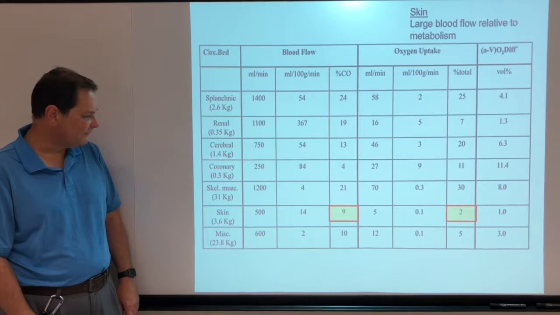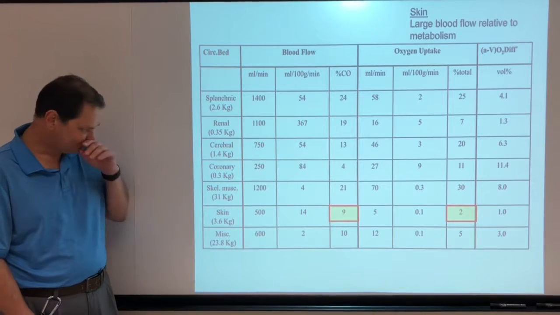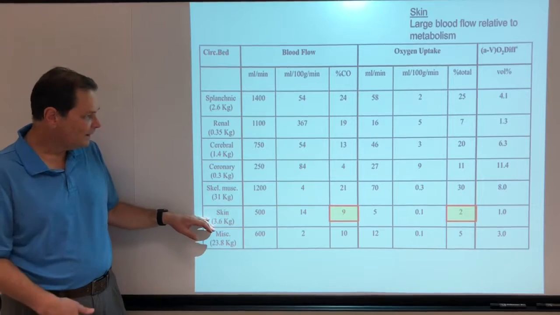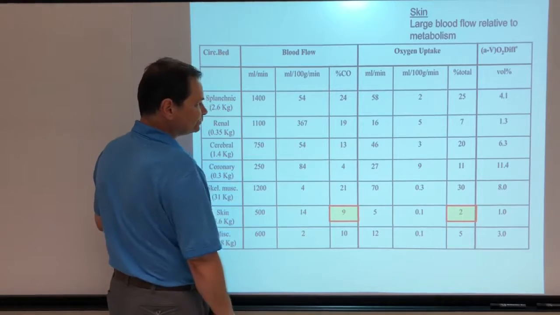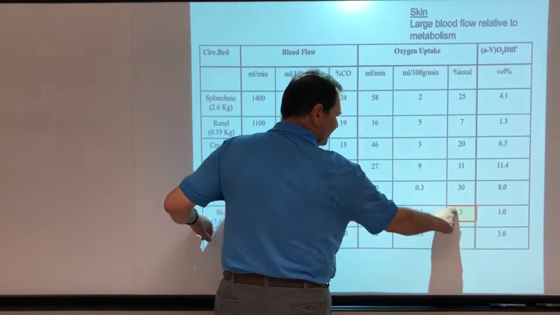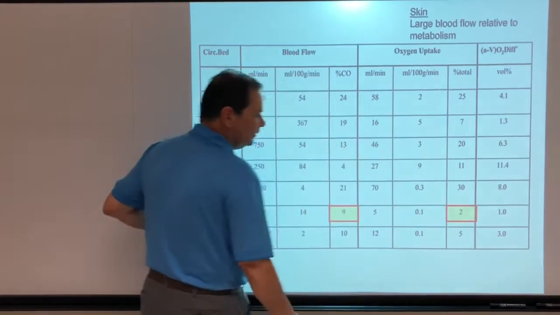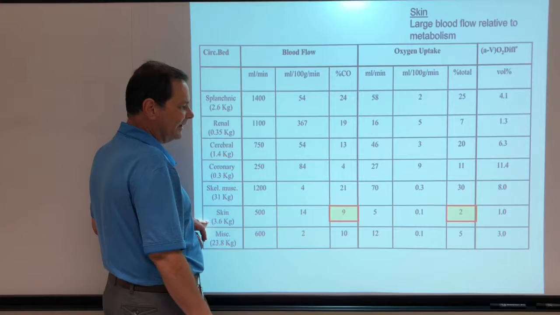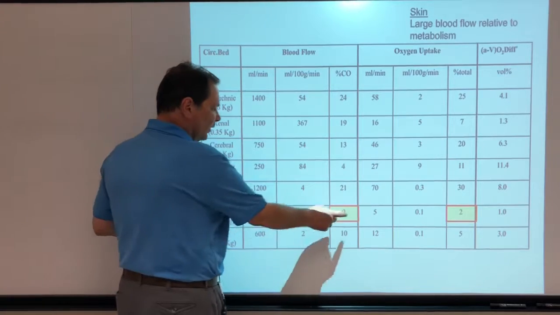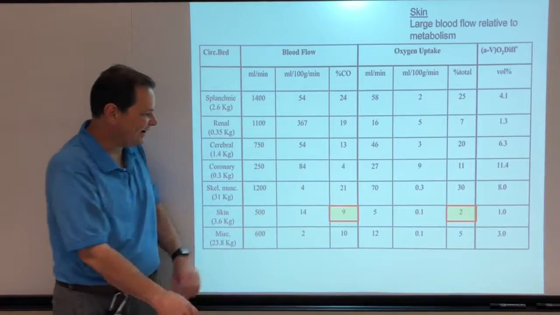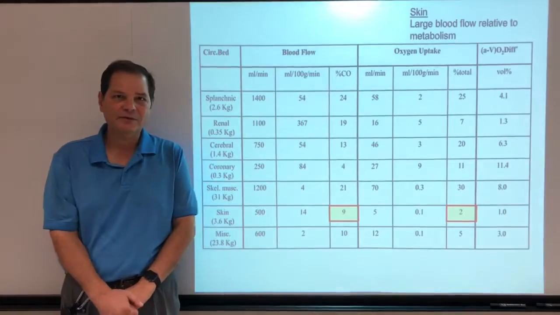We're going to start off this video by talking about the skin. Now, the skin, the oxygen uptake per 100 grams, or the percentage of the total oxygen utilized in the skin, is about 2%. But you'll notice that the percentage of cardiac output it gets is considerably higher than that.